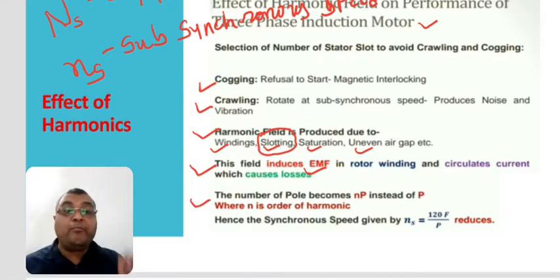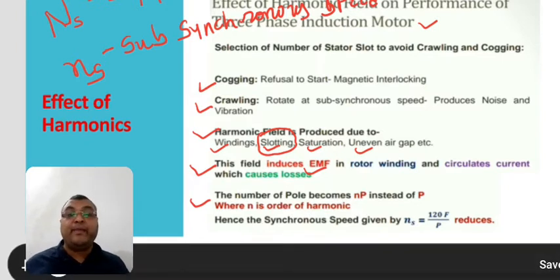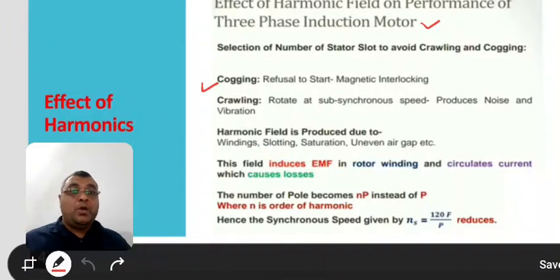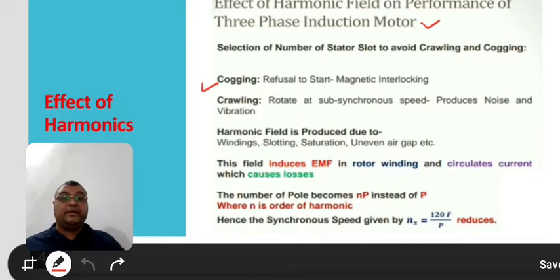The number of poles becomes np instead of p, where n is the order of harmonics. If that happens, the synchronous speed ns equal to 120 f by p reduces. How will it happen, we will see over here. If the order of harmonics is first order, third order, fifth order, and so on, the number of poles in the motor will increase.